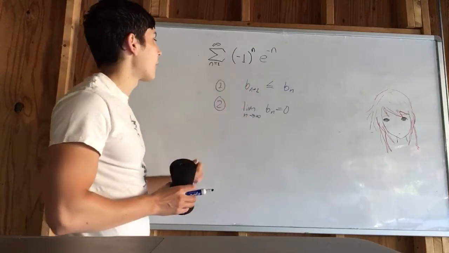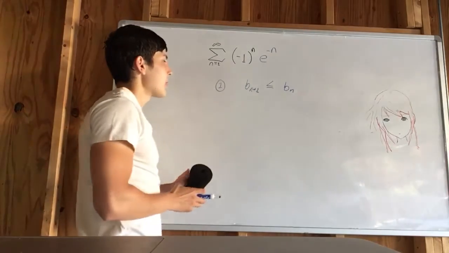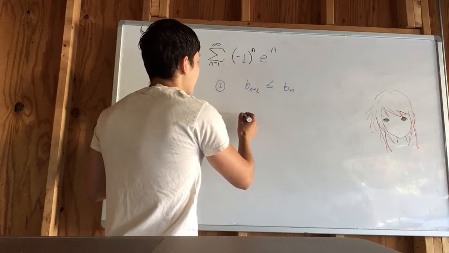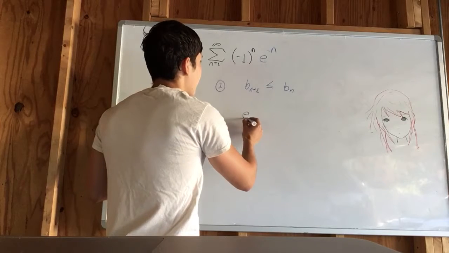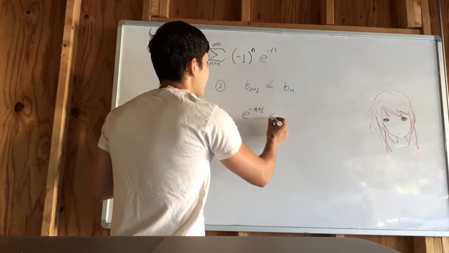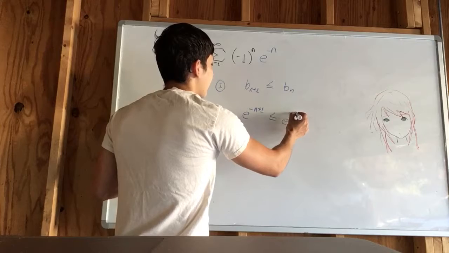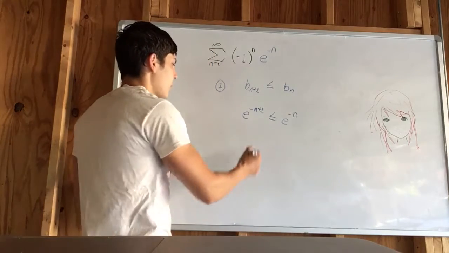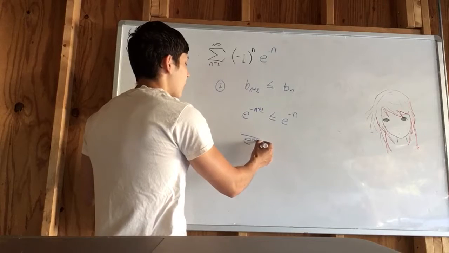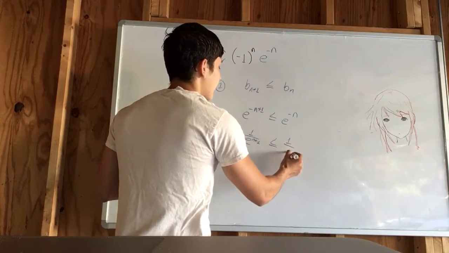So let's try our first condition. b sub n plus 1: is it less than or equal to b sub n? That would be e to the negative n plus 1. Is that less than or equal to e to the negative n? Well, this is equivalent to this, and this is equivalent to this.